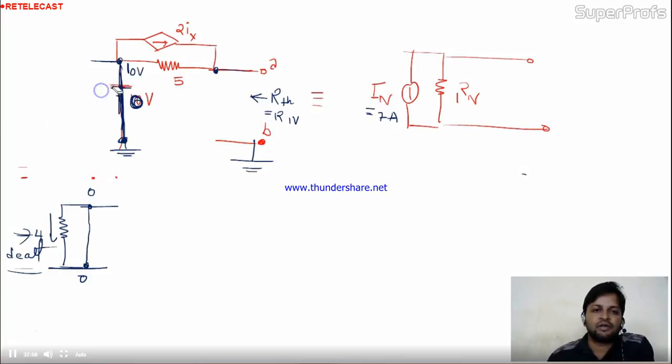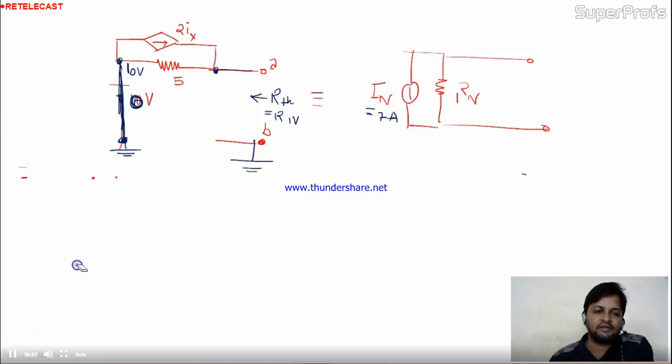So there is no current in that. It means Ix is 0, right? Because in that 4 the current is Ix, and we got the value of Ix. Ix is 0. As we short this voltage source, the Ix becomes 0. So what will be the value of this circuit? 0.